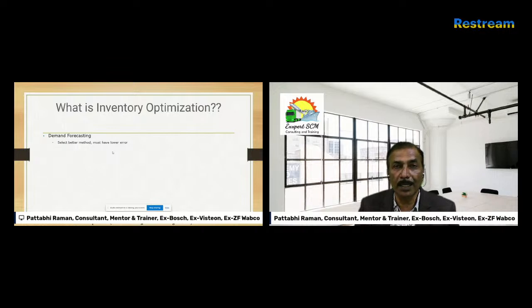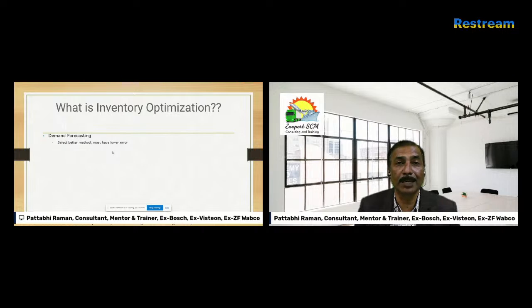The more the error, the more problems in inventory management. For example, if you assume a 10% error in forecast, then it can lead to either 10% excess stock or 10% shortage, which is a big figure.